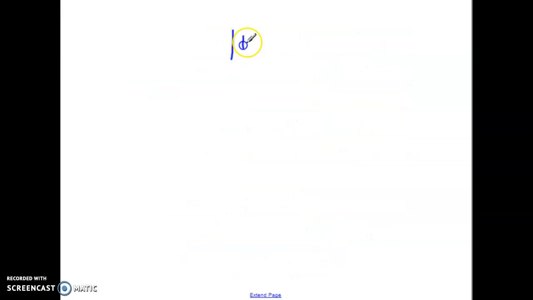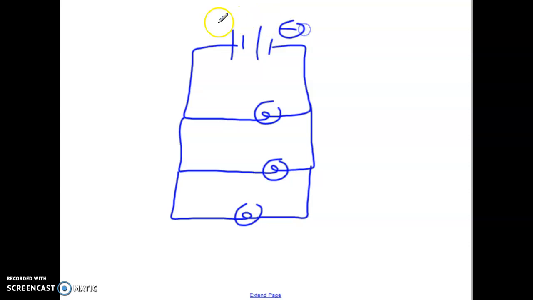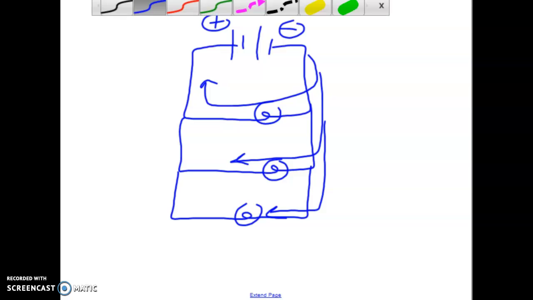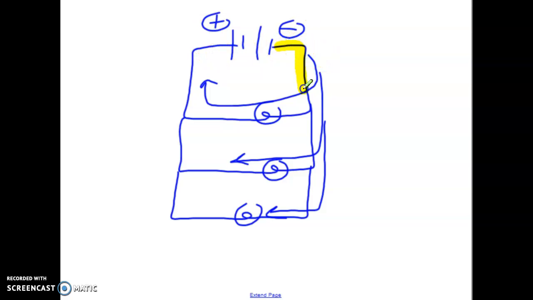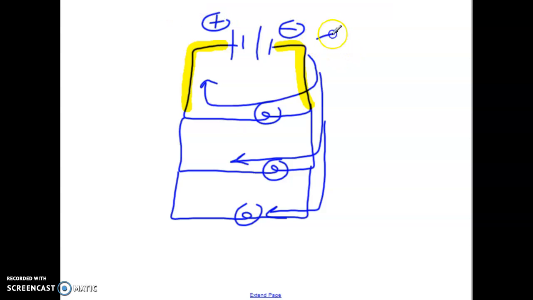Okay, I'll do another example. Now I have 3 pathways. The electrons can go here, here, or here. However, before that first split, and here, they're all together. This is what's also known as the current at the source, or total current.